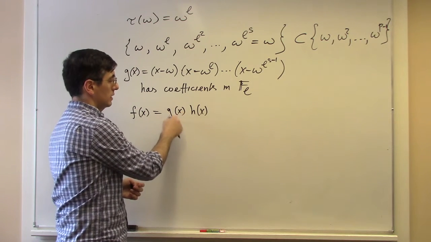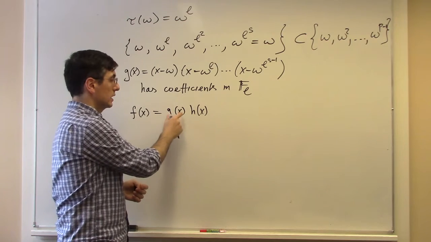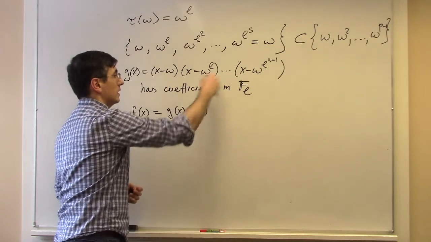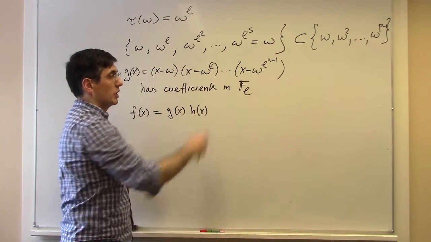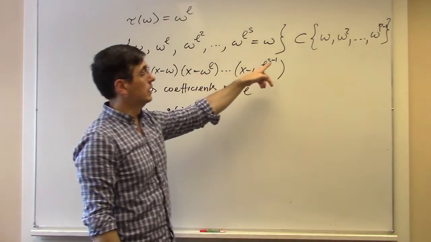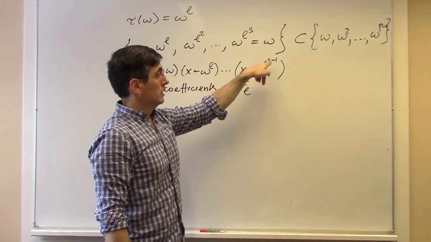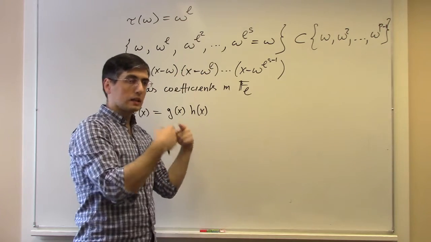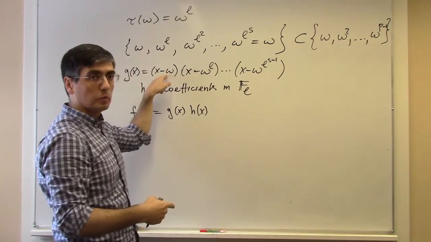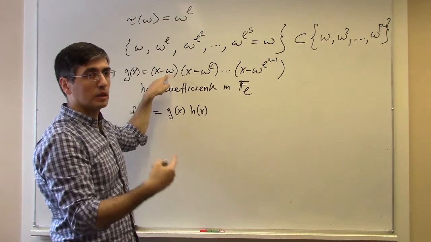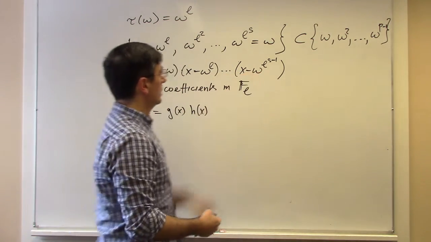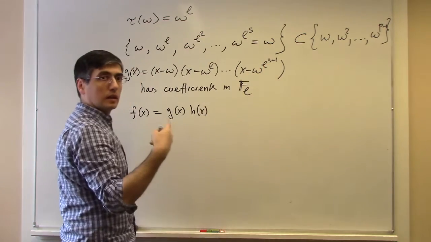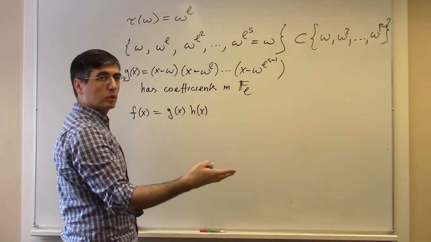Okay, so then h(x) will split. There will be a polynomial similar to g(x), and it will have exactly the same order, because this cycle, the number of times you have to apply Frobenius to omega to get a full cycle, does not depend on the choice of omega. Well, what does it depend on? It depends on when this will be congruent to 1 modulo p.